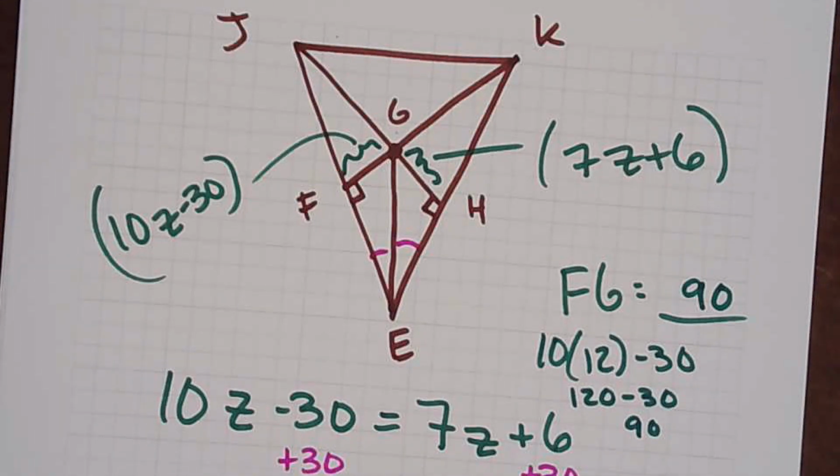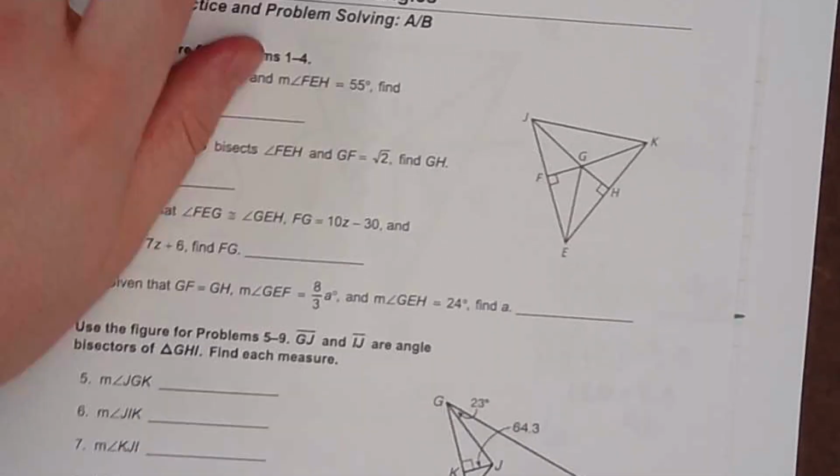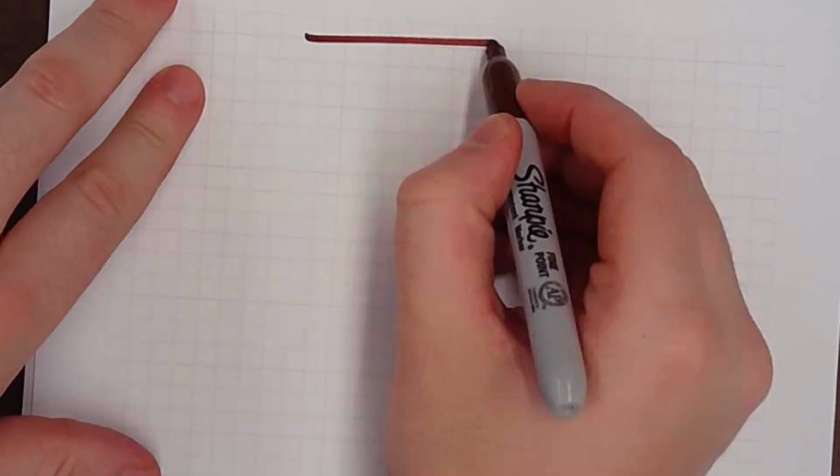So FG is 90. Looking at number 4, we have the same diagram, so I'll draw that up. Number 4 is this one.